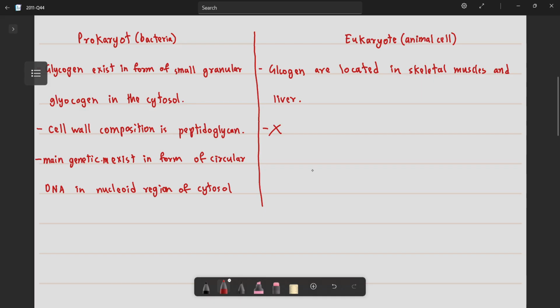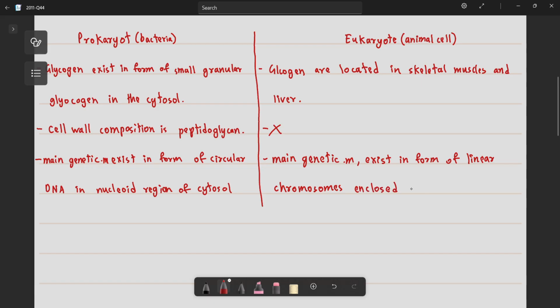Okay, now we will move forward to the eukaryotics. So for eukaryotic, we must know the main genetic material, I'm going to short form it as M. Main genetic material exists in form of linear chromosomes enclosed by nucleus.